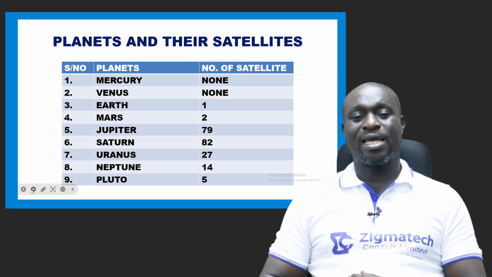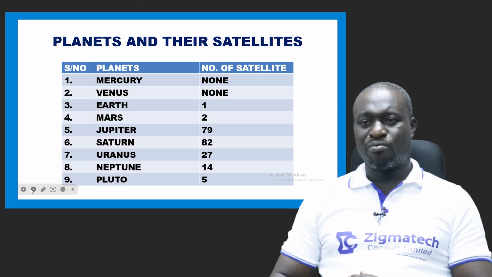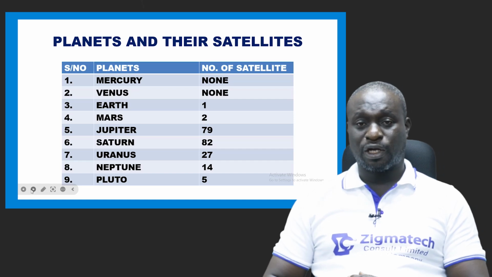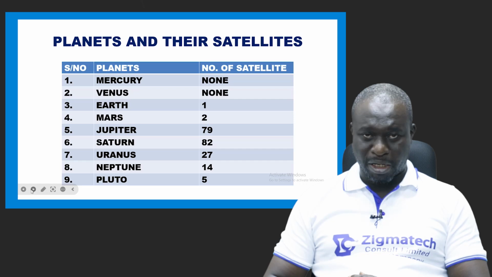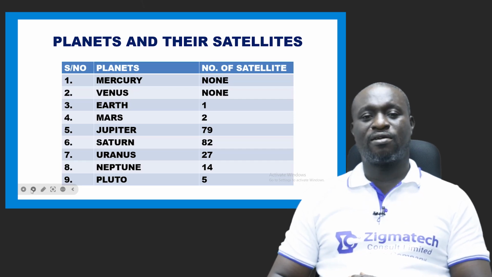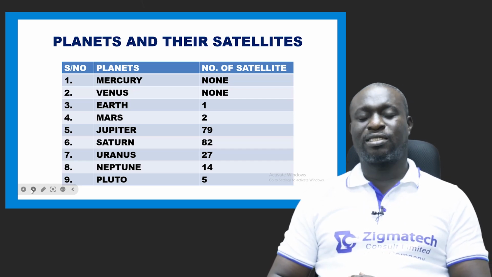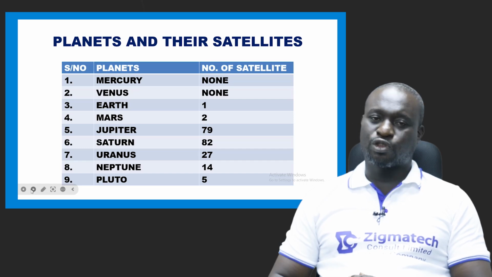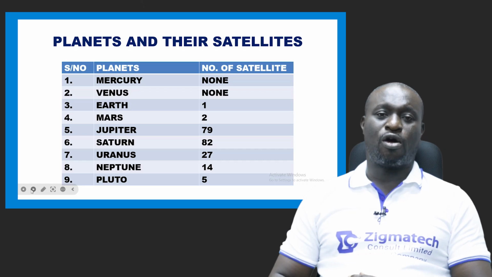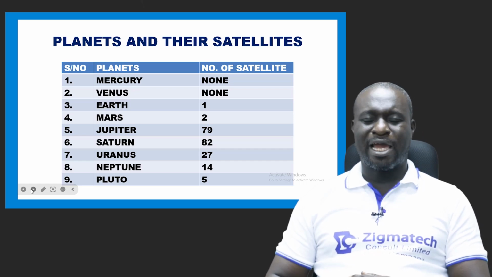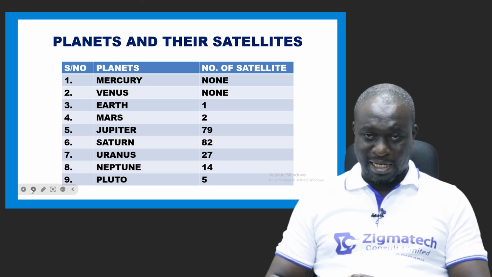The first one is Mercury. Now, Mercury is the closest to the sun, and there are no satellites orbiting around Mercury. The next is Venus. Venus is the next planet close to the sun after Mercury. Venus also does not have any known satellite, which is the moon.